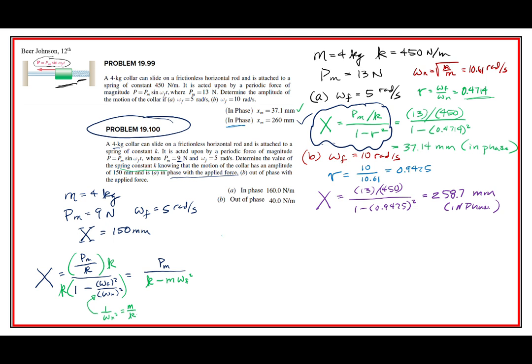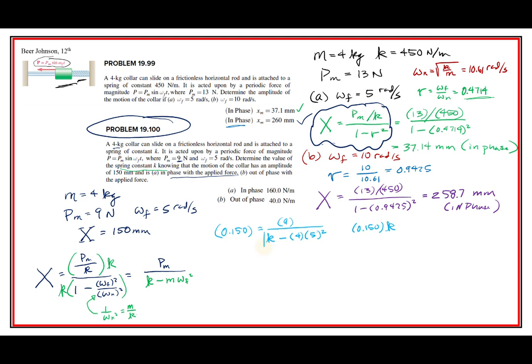And so writing this out, 0.150 is going to be equal to, and we get 9 newtons on the top. You have a K right here. It's going to be minus M times 4 times 5 squared, right? So manipulating, putting that out to the side, I'm going to go 0.150 times K. All right, so we have 2 choices right here.